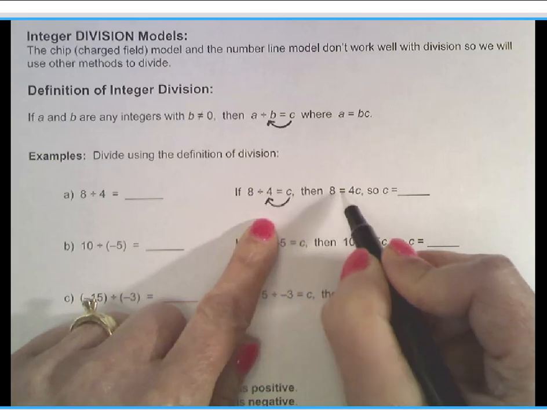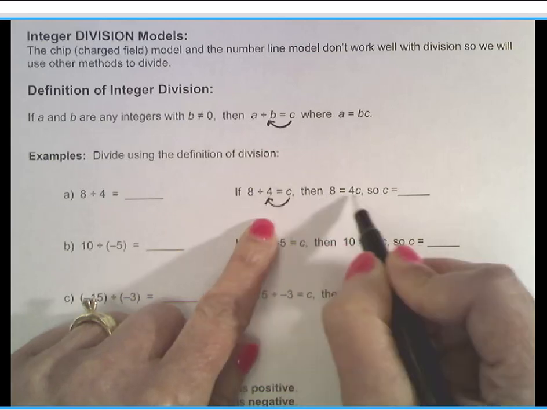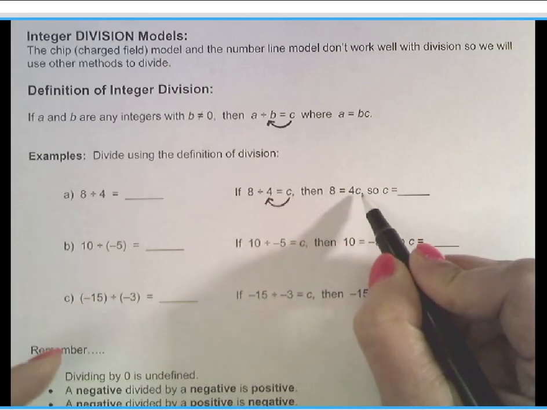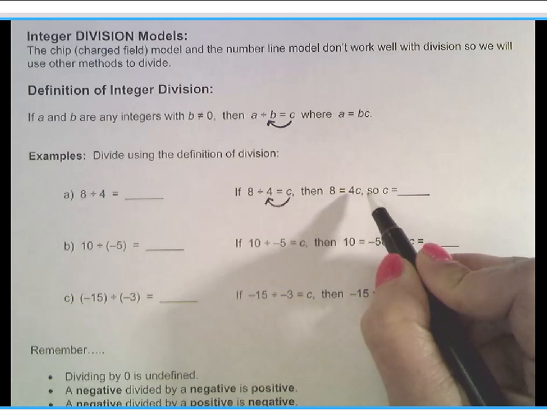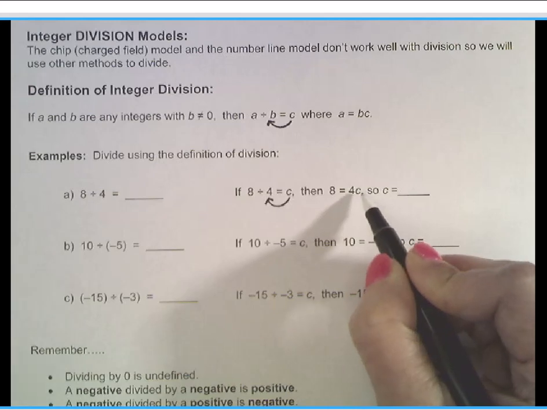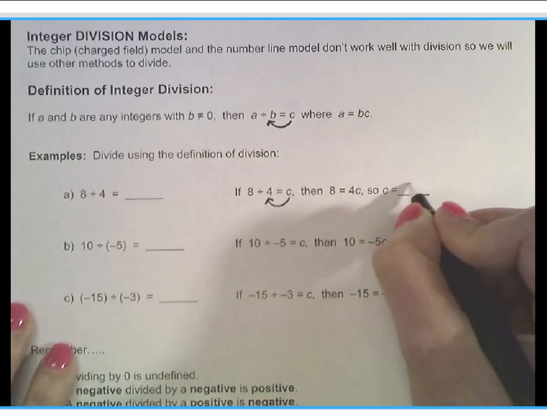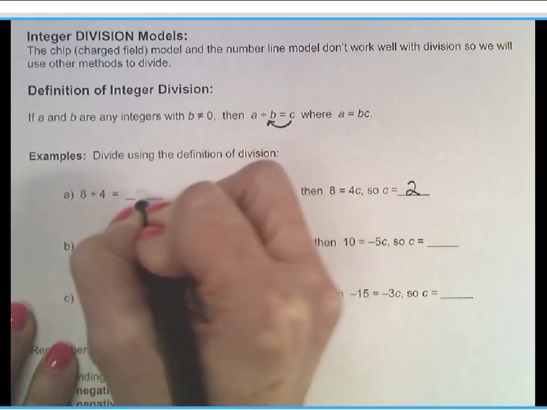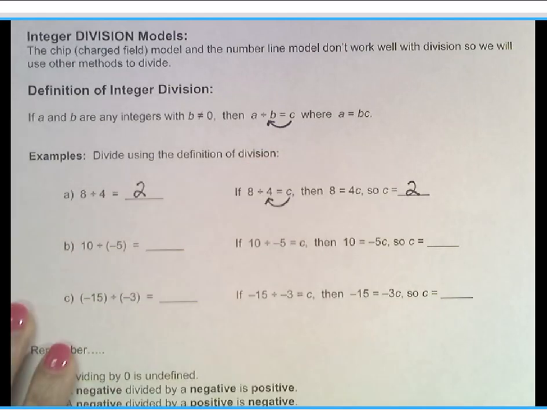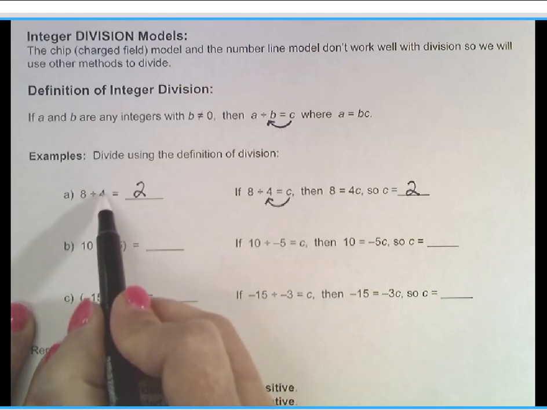So 8 is equal to these two multiplied together. You probably have your multiplication facts memorized, at least the beginning ones. So what number would I multiply 4 by to get 8? Of course the answer is 2. So 8 divided by 4 is 2. You don't have to do any models or anything. You just have to think about multiplication.